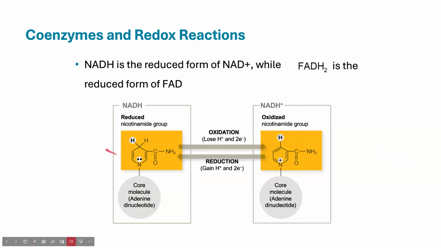And so as you transfer electrons, you're going to get this switching back and forth between these two forms. And we'll talk more about that when we get into glycolysis and the Krebs cycle. But this can also happen with FAD and FADH2.